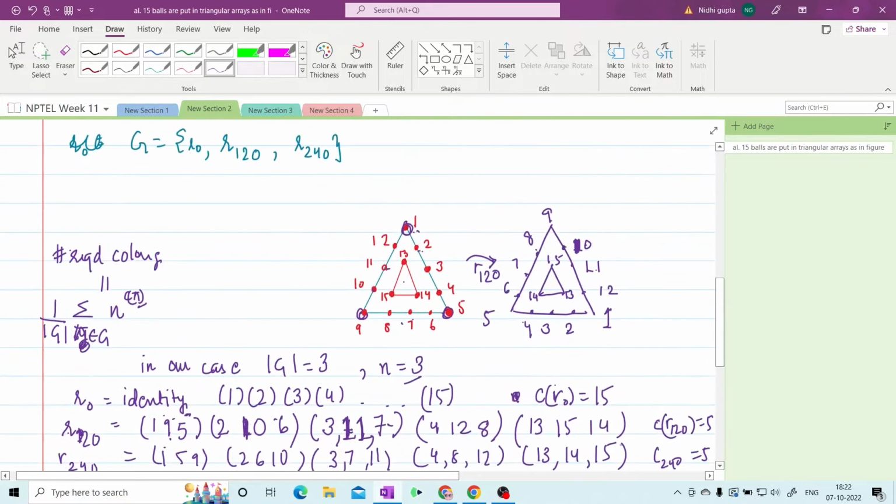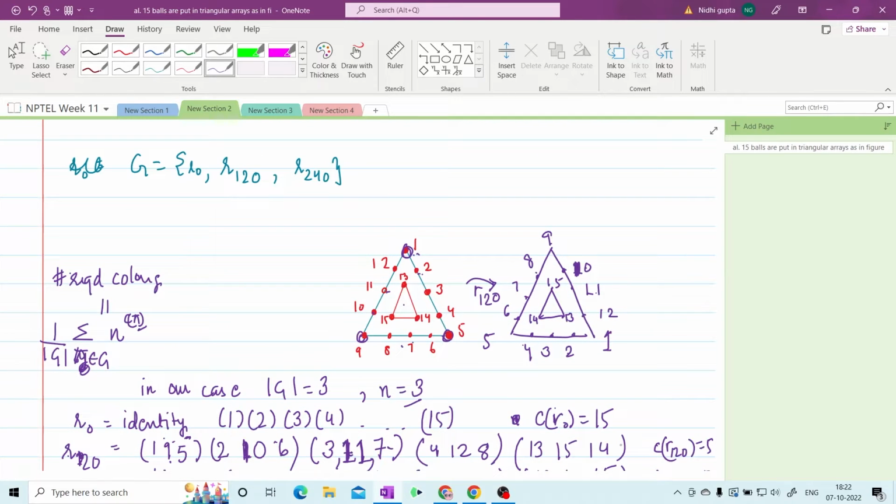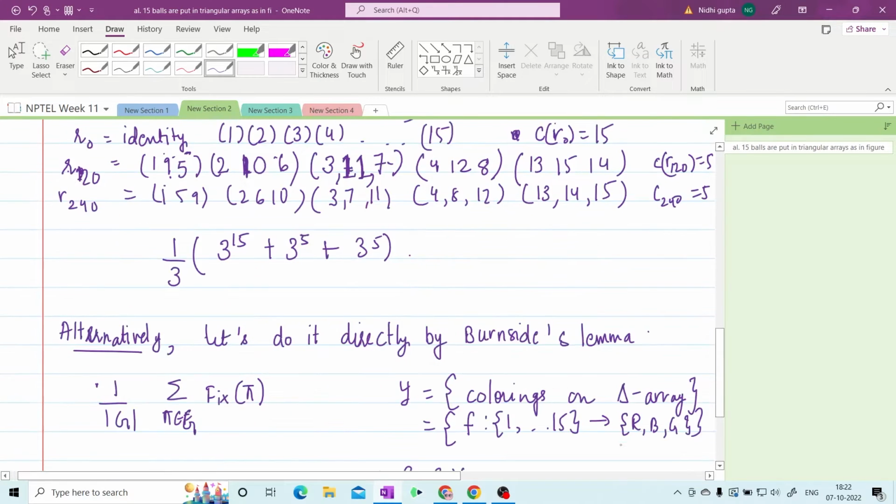So if we are applying pi to some coloring, what we are doing is first rotating it, and then the coloring.